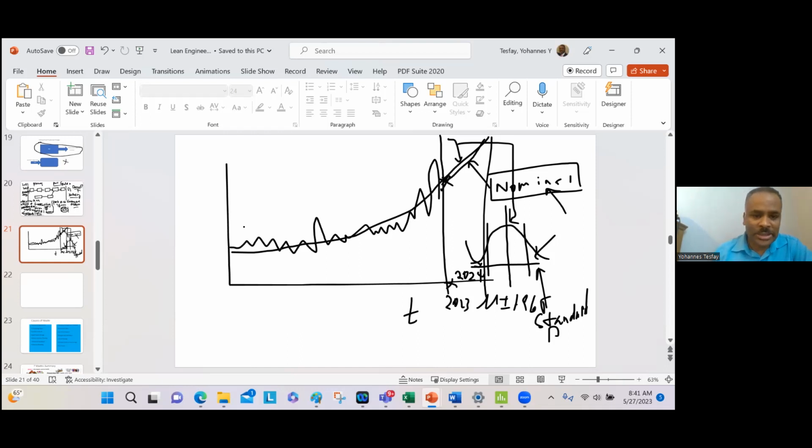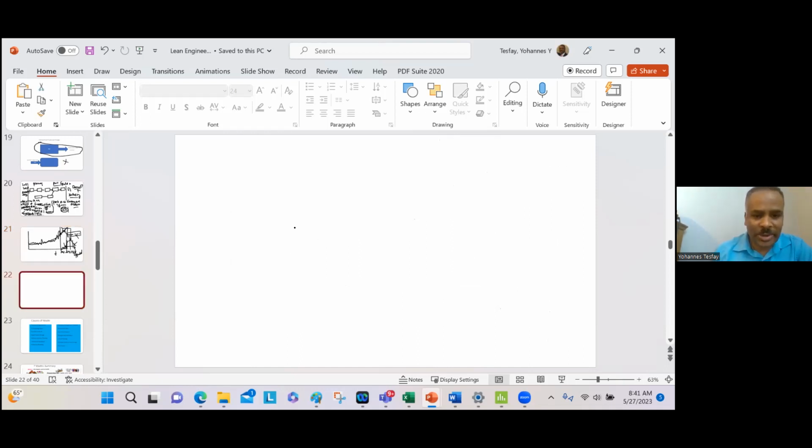Because your company, this is the boundary of your company. These are your processes inside your company, whatever. These are the different processes.